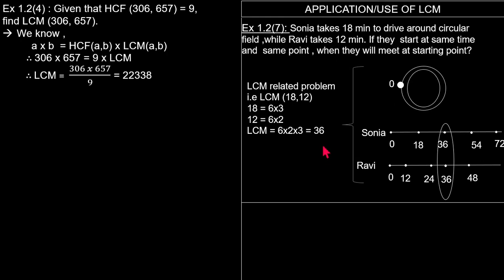So I hope by now we have completely understood HCF and LCM. We will now begin with the next topic, revisiting rational and irrational numbers. In irrational numbers, we have seen various examples like root 3, root 5, root 2, pi, 1 by root 2.